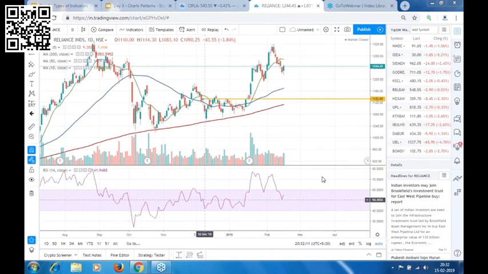Now, stochastic, Imtiaz, is an oscillator indicator. It oscillates between a range. When it is above 80, it is considered to be in an overbought zone, and when it is below 20, it is considered to be in an oversold zone.